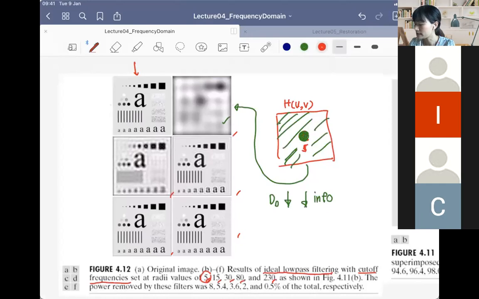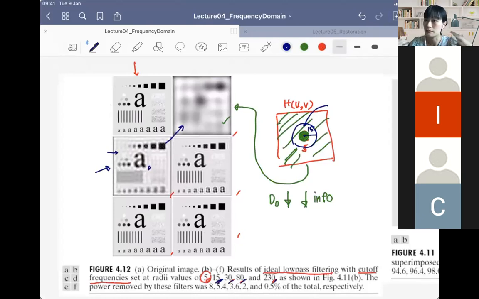But then they increased the cutoff frequency to larger, like 15 pixels. Right now you can see a bit clearer, and you can see some more detail. That's how you add higher frequency components to an image.